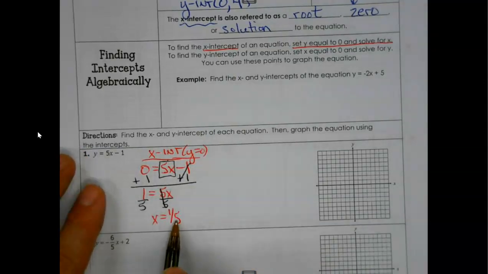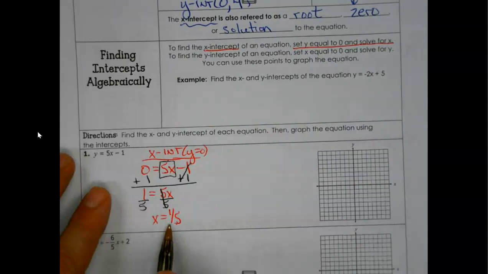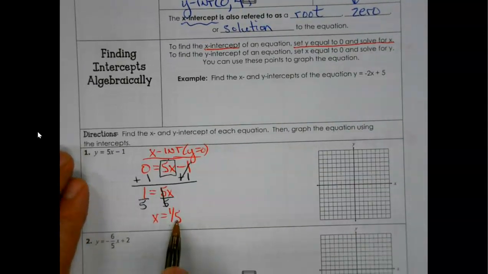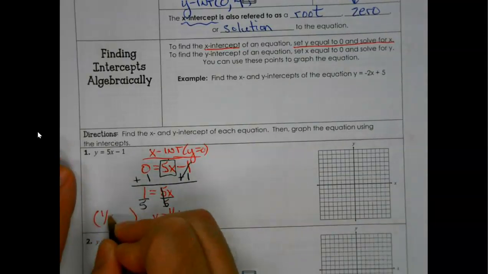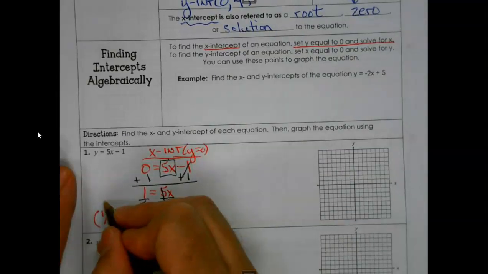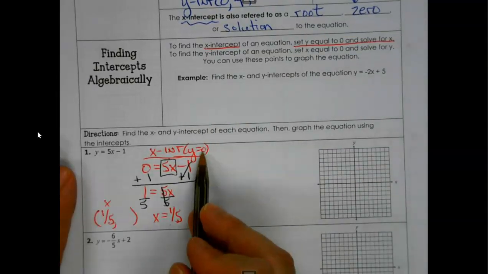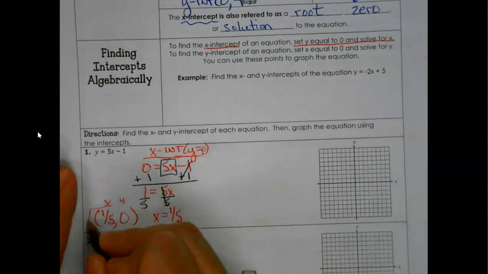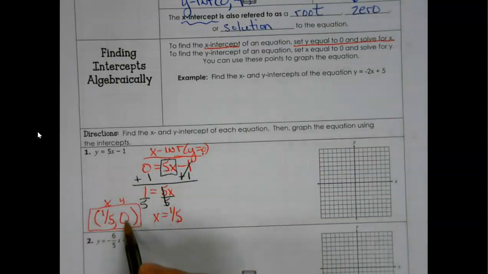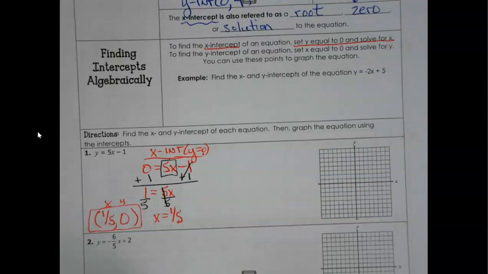But that is not your x-intercept. That's the x value of your x-intercept. But the actual intercept is the x value you just found, and we plugged in 0 for y. So whenever you're looking for an x-intercept, the y value will always be 0.